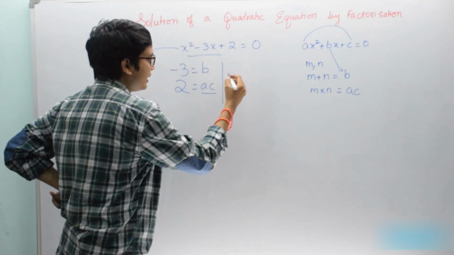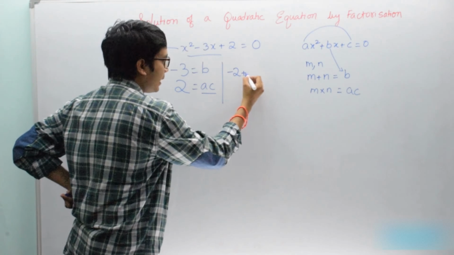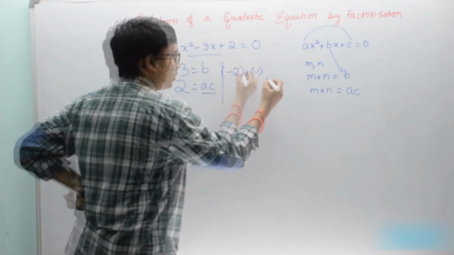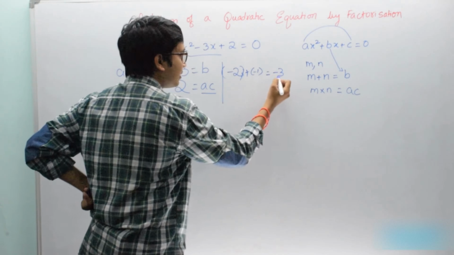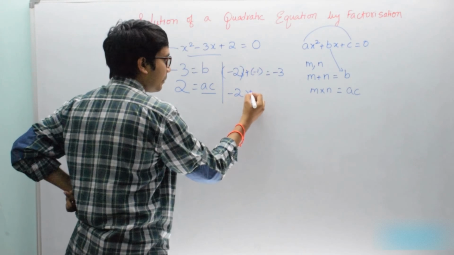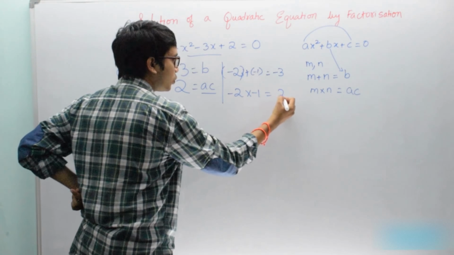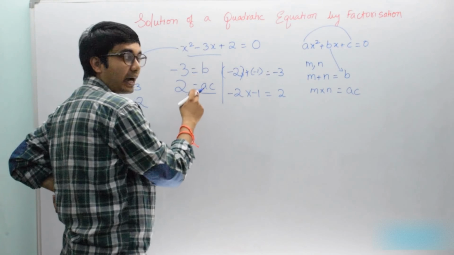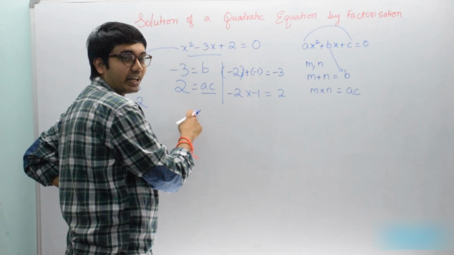Now let's start here: minus 2 plus minus 1. What is this? Minus 3, because minus 2 minus 1 is minus 3. Now if I multiply minus 2 into minus 1, I will get 2. So minus 2 and minus 1 satisfy these two conditions.